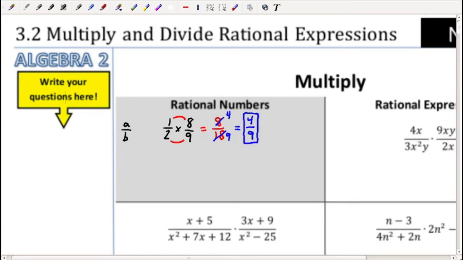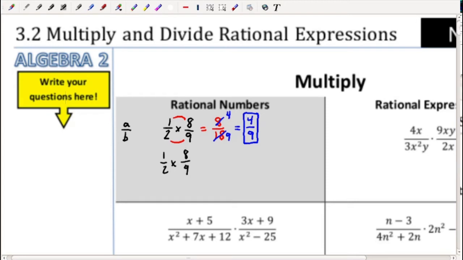It's also possible to take the 1/2 and the 8/9 and simplify before you multiply. We can always simplify each individual one, so if we had any common factors between 1 and 2, we could simplify those, and between 8 and 9, we could simplify those. But we can also cross-simplify and see if we have any common factors between 2 and 8 and 1 and 9.